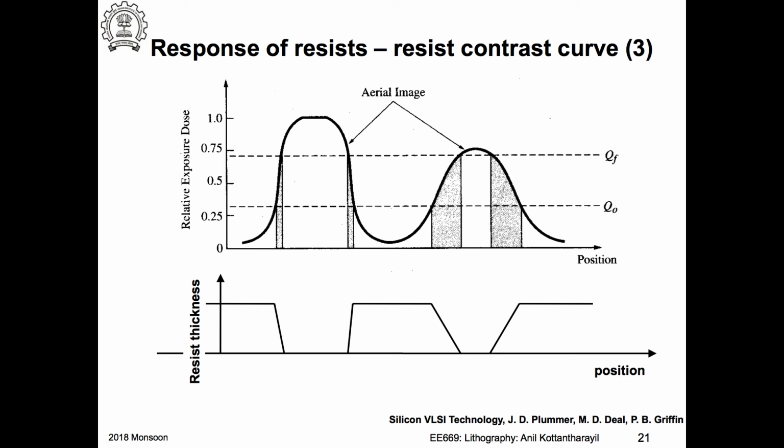Can you just try this? Okay, so he's saying that you have a very sharp resist contrast. Okay, so that is one thing. So a very sharp resist contrast curve. So this slope is very sharp.